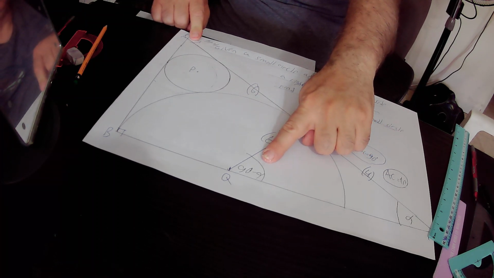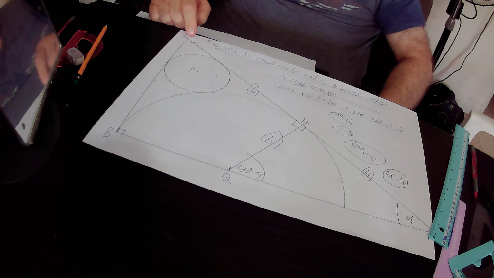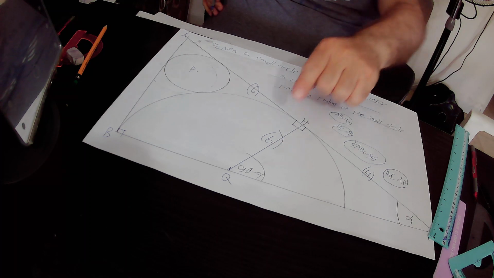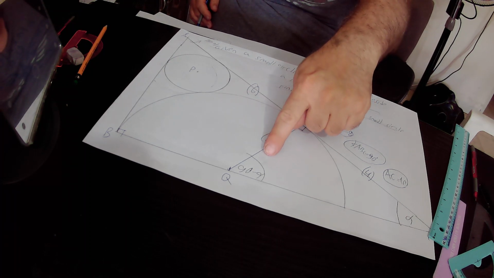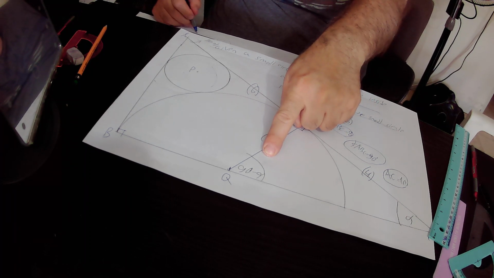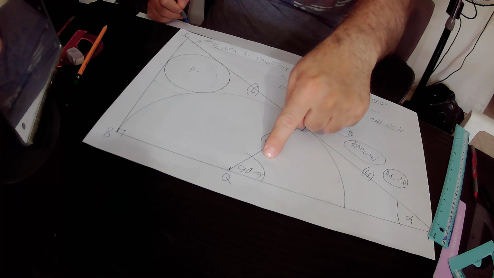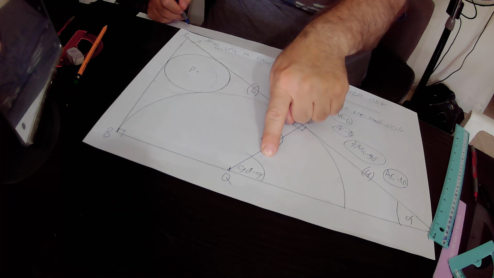those two angles are both equal to 90 degrees minus alpha, therefore they are equal to each other. So actually, this is angle BAC in the big right triangle ABC, and it is equal to this angle, that is actually angle HQC in the right triangle HCQ.